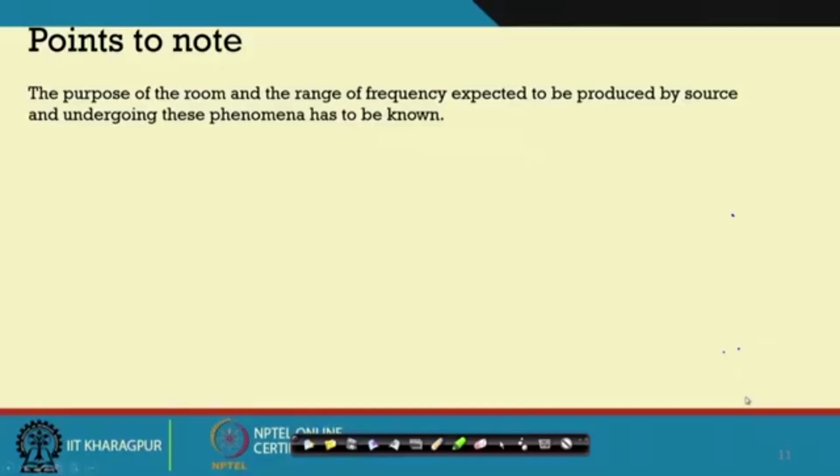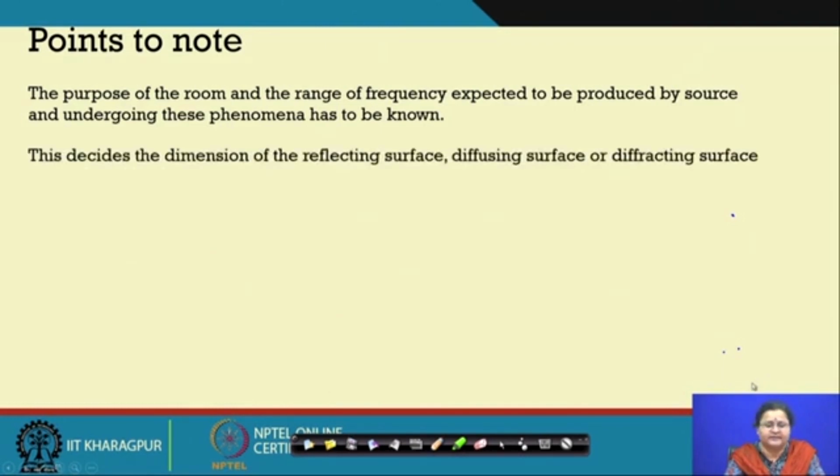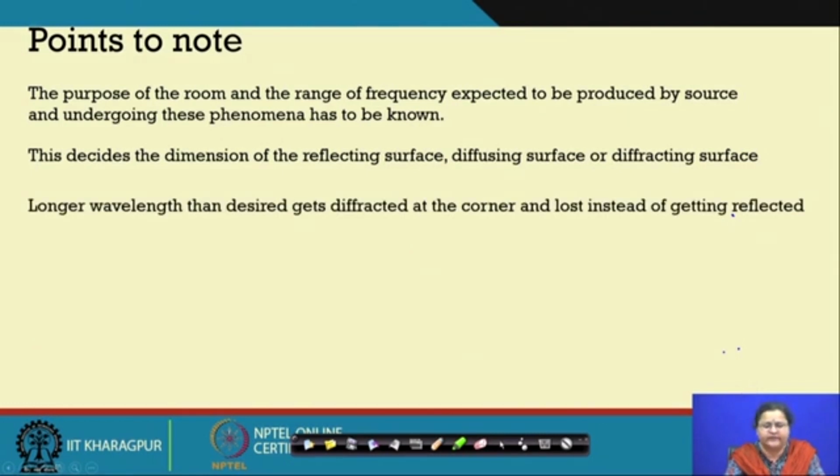The points to note are the purpose of the room and the range of frequencies expected to be produced by the sound, and the phenomena of reflection, diffusion and diffraction they will undergo, which are to be known first-hand before you design. These will then decide the dimensions of the different reflecting, diffusing or diffracting surfaces. If the wavelength is longer than desired, it gets diffracted at the corners and lost instead of being reflected.